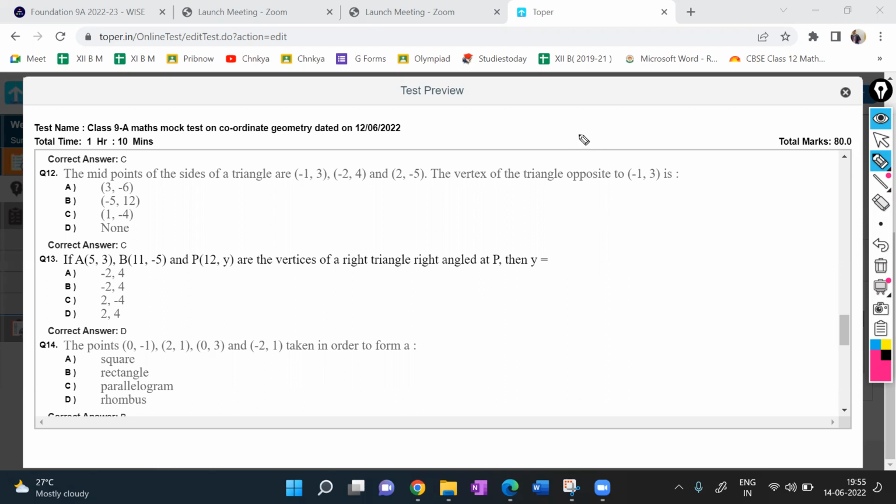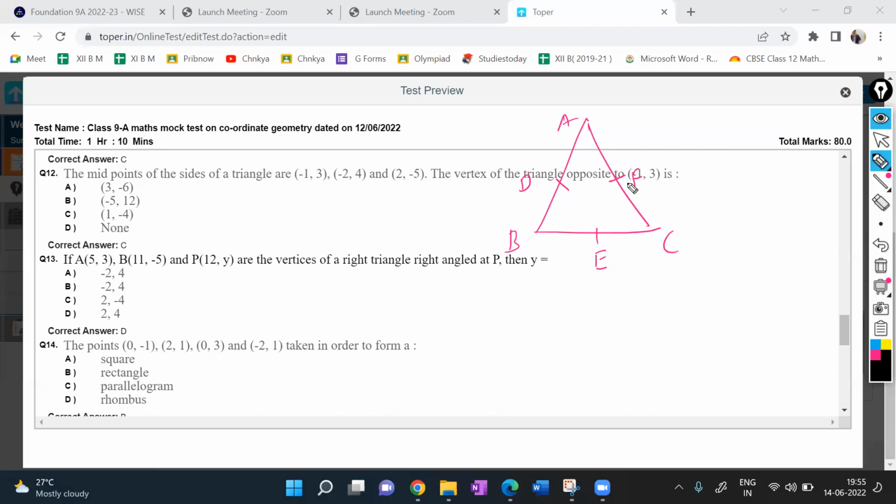Look at this here. First of all, you need to understand one thing. If I say this is A, B, C, let's say D is the midpoint of AB, E is the midpoint of BC, and F is the midpoint of AC. Okay, no problem, Anvesha.